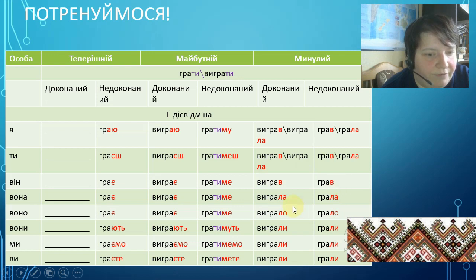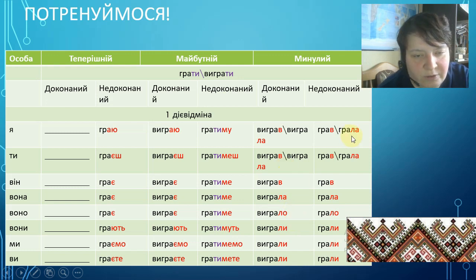Він виграв, вона виграла, воно виграло, вони виграли, ми виграли, ви виграли. It's I will win, I won, you won, they won, and so on. And imperfective, the endings are pretty the same, but just without this suffix v.